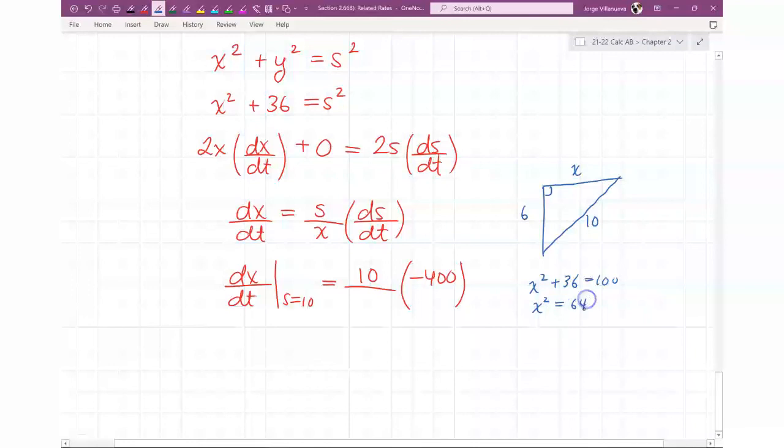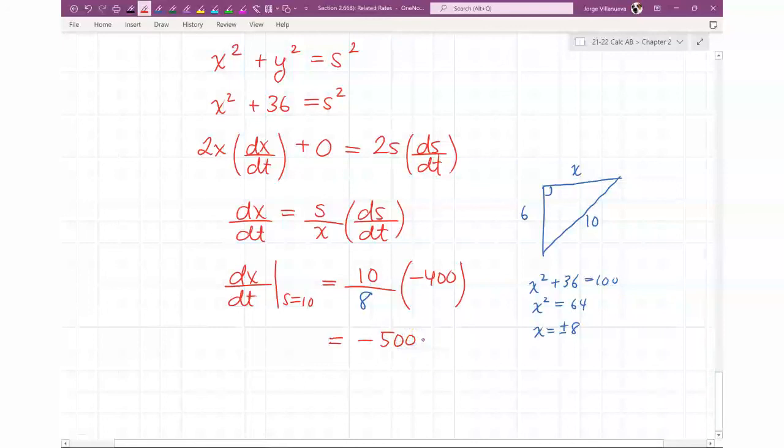X squared equals 64. So x is plus or minus 8. Well, distance can't be negative, so 8 goes there. Okay, so when I simplify that, I get negative 500.